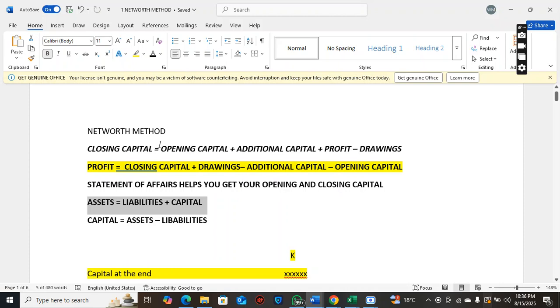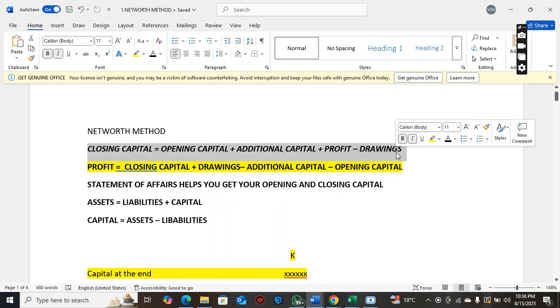Or you're saying that we use strictly this formula to get the profit.